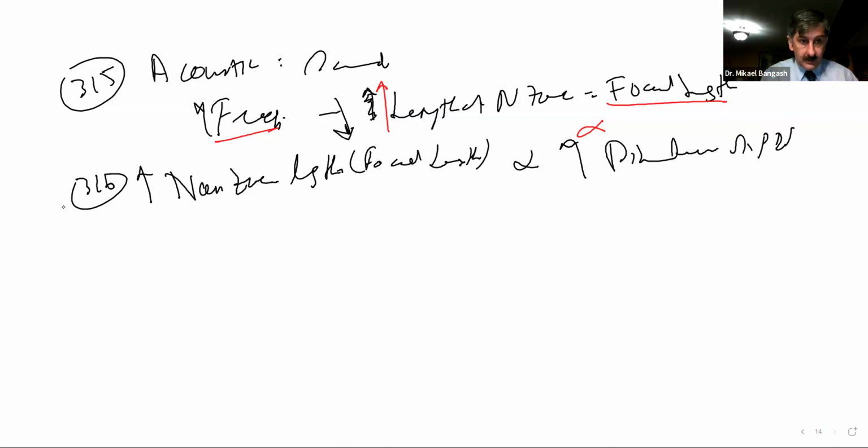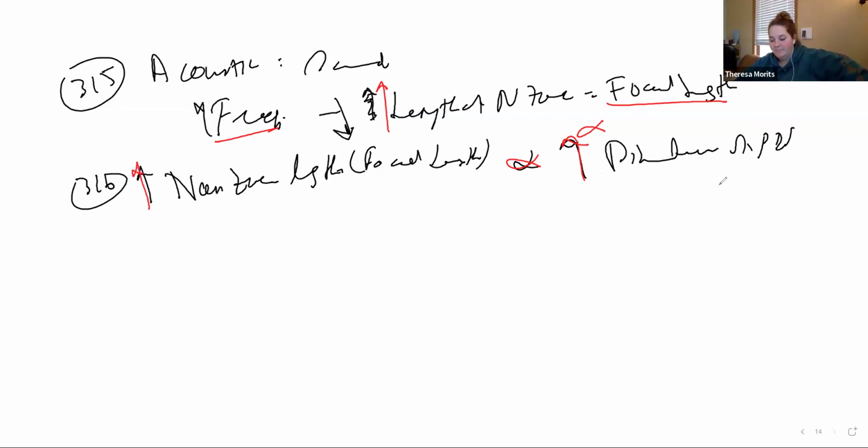And we see that yes, they are directly proportional. So an increase in this will cause an increase in this. Bless you. Thank you, my dear. And that's true.